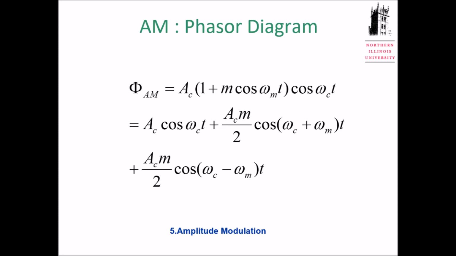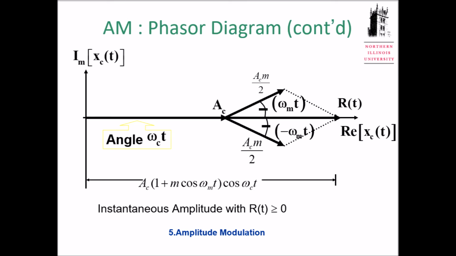let me show it in the next slide. I have three vectors. This is my carrier, AC times omega c t, and one is omega c plus omega m. So we rotate anti-clockwise by omega m t.